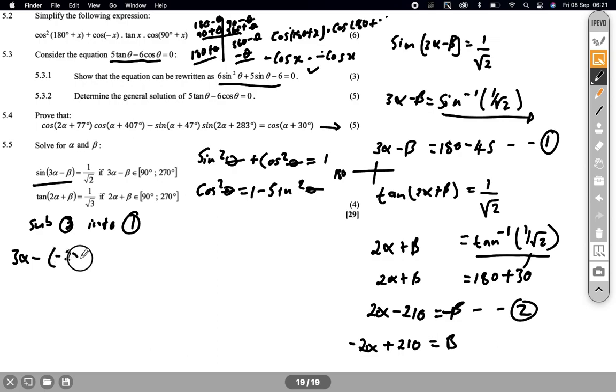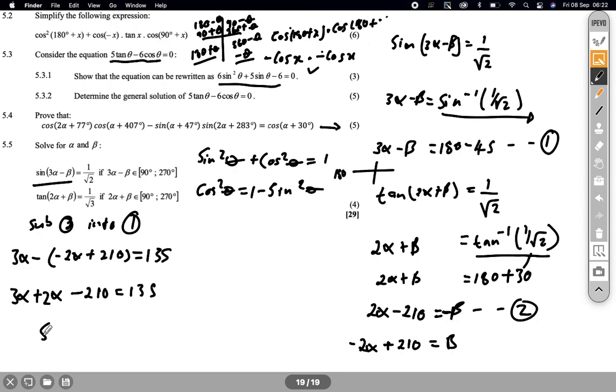Okay, let's go back. So minus 2 alpha plus 210 equals, remember we said 180 minus 45 is 135. Okay, now the negative can multiply in. So we have negative times negative is positive, and then negative times positive is negative, equals 135.